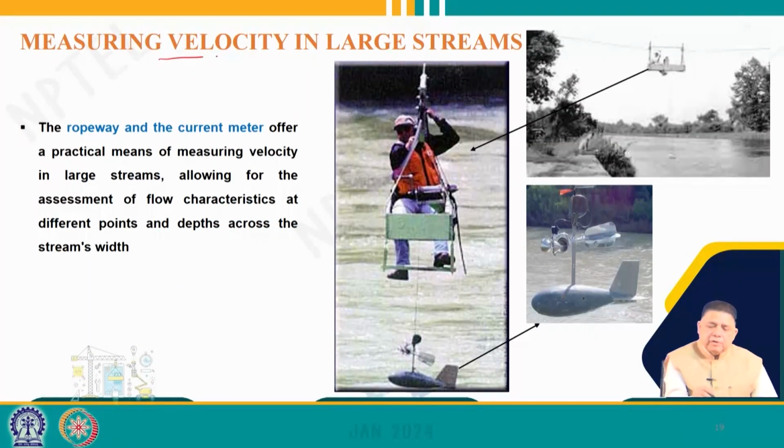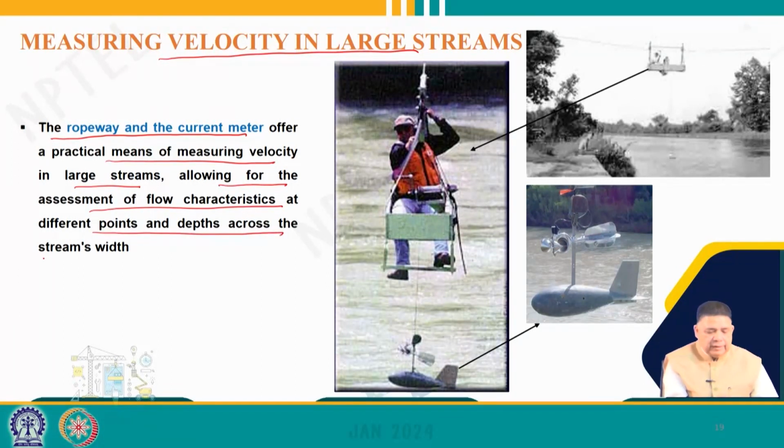Now, measuring velocity in a large stream is also challenging, and this can also be done through current meters, but in that case we use a ropeway, which offers a practical means of measuring velocity in large streams, allowing assessment of flow characteristics at different points and depths across the stream width. As you can see, there is a cableway, a ropeway, and a cable which may carry a person, or it could be automated, and it reaches the stream at different locations which are already known or prefixed points.